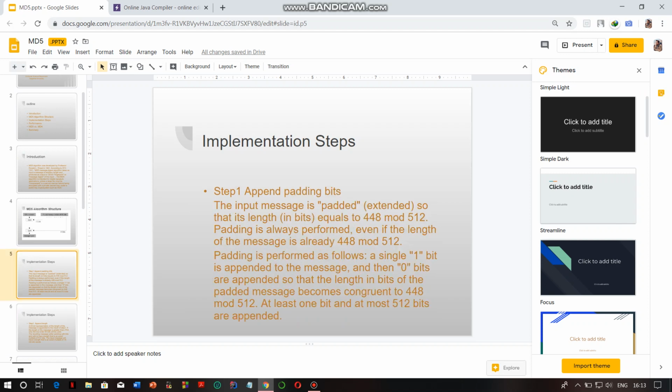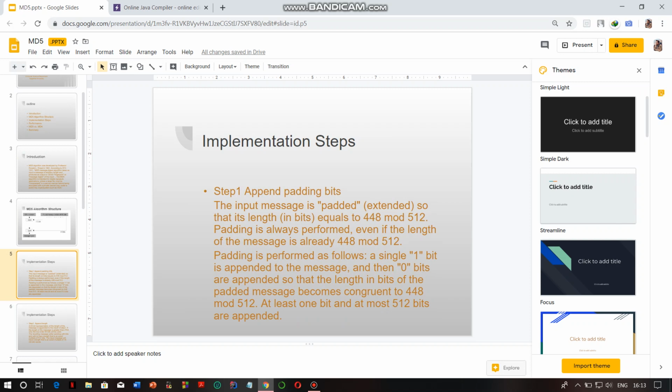Now, coming to the implementation steps, that is, appending padding bits. Padding means adding extra bits to the original message. So in MD5 the original message is padded such that its length in bits is congruent to 448 modulo 512.